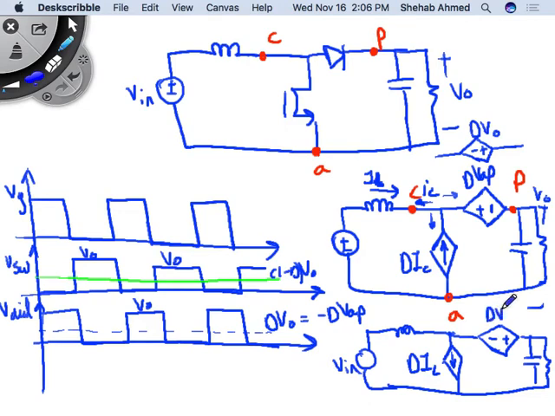This is D times the output, and this is D times IL. Okay, so this is D times V output. We're okay with this voltage source being D times V output, or in flipped polarity D times VAP. We see that it's coming from the fact that VAP is the minus V output.